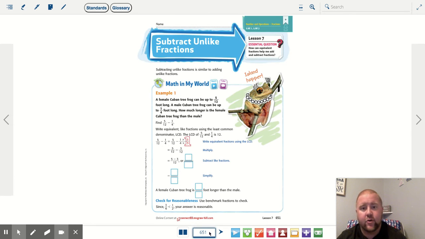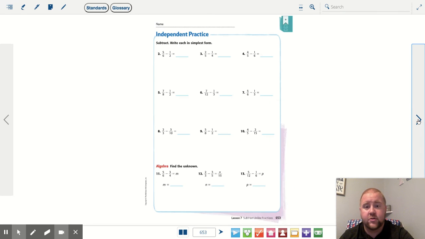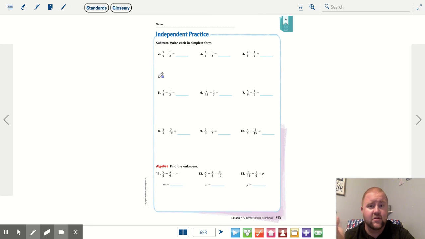For subtraction, it is the same types of steps as the addition. You're still finding a common denominator, you're still making equivalent fractions, and then instead of adding your numerators, you're just subtracting. I wanted to give us a couple like this just to practice, and then we can be masters of this, and we can rock and roll.